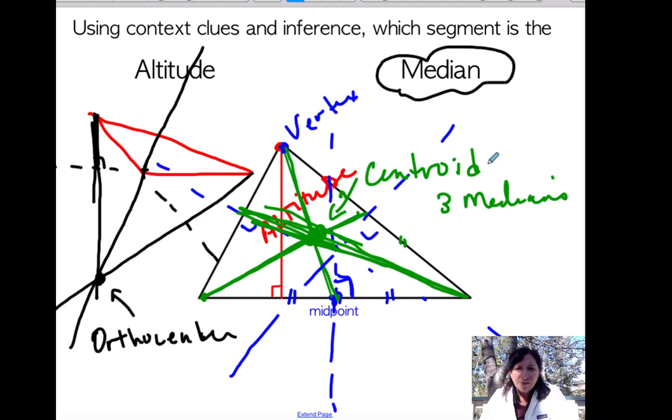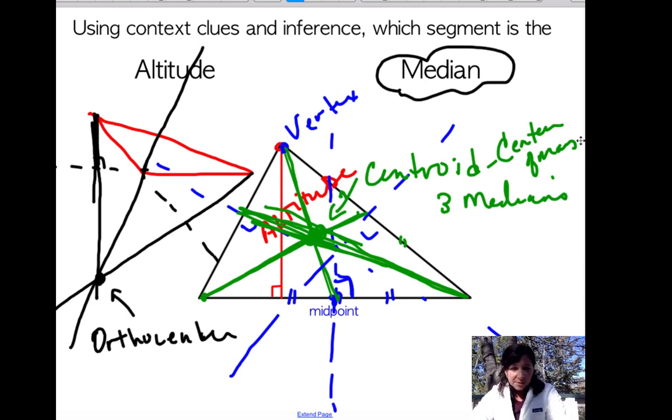And another name for the centroid is the center of mass, meaning I could probably balance my triangle on the center of mass like that, and it would be completely balanced.